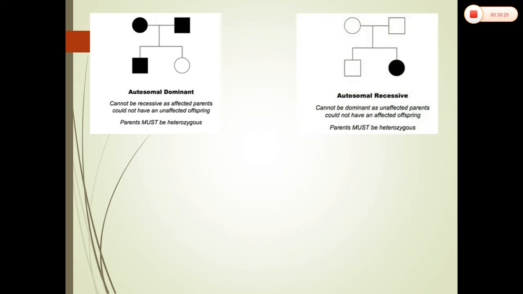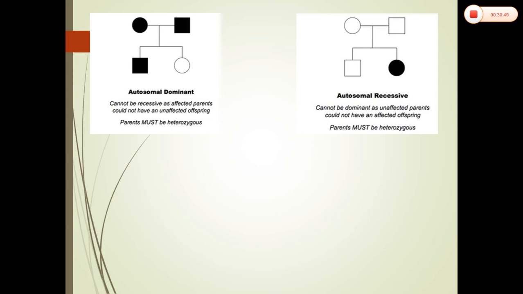Let's see the next one. Now this trait shows autosomal recessive inheritance. How is this autosomal recessive? Parents are not affected, still the trait appears in the progeny, which means parents must be heterozygous. Say capital A small a, capital A small a. The daughter, the second offspring, has received both the recessive alleles.